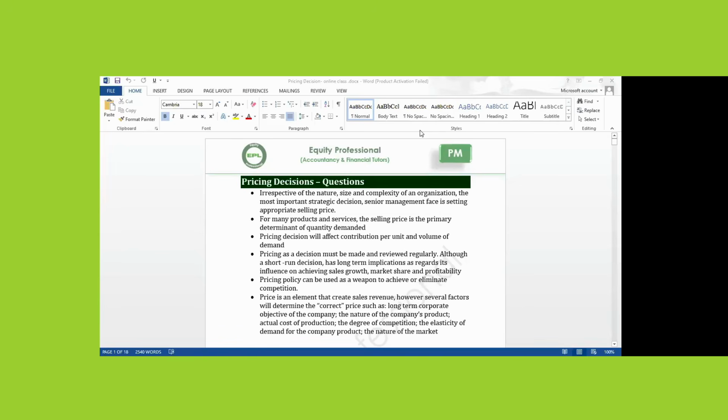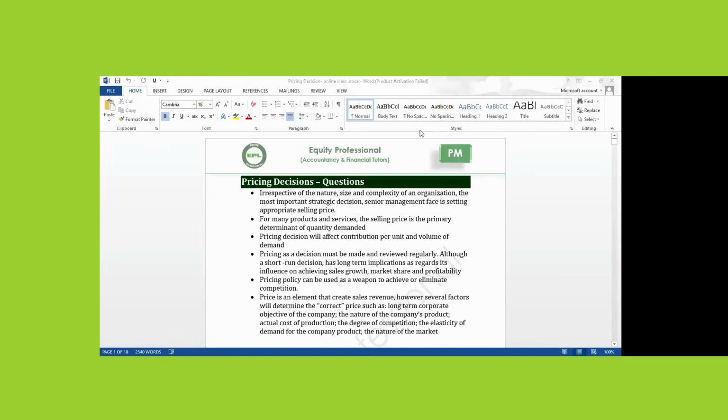Your selling price will determine quantity customer will buy. Pricing decision affects contribution per unit as well as volume of sales.